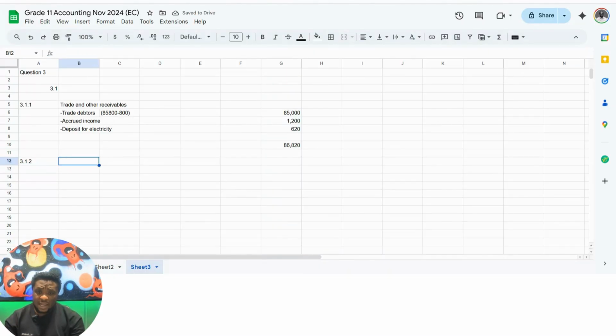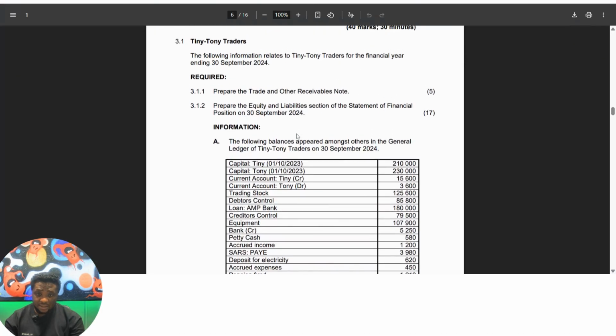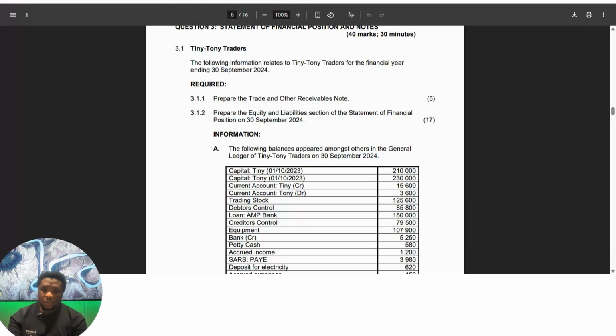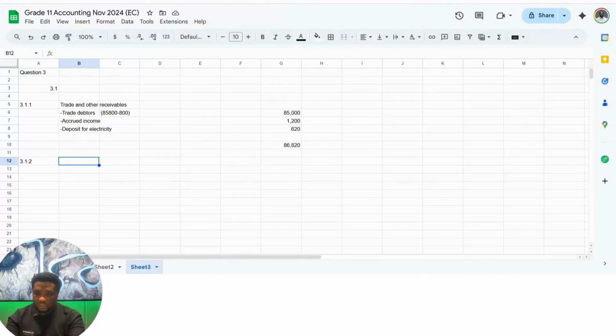All right, the next question is saying that we need to prepare the equity and liability section of the statement of financial position, 30th of September 2024. Now, when it comes to the equity and liability section, we're going to start with our equity. We know that we're dealing with partnerships.